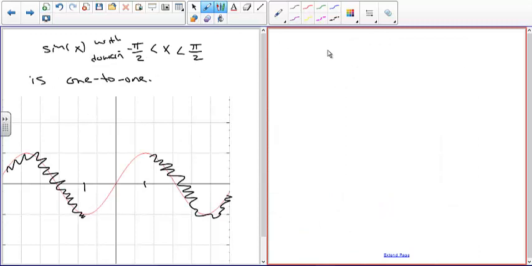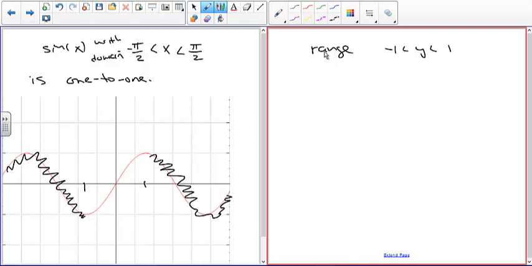Notice the domain here for the sine function is from negative pi over 2 to positive pi over 2. The range is from negative 1 to positive 1. So that's the range. That's another thing about inverse functions. When you have a function, the domain of the original function is the range of the inverse function, and the range of the function is the domain of the inverse function.